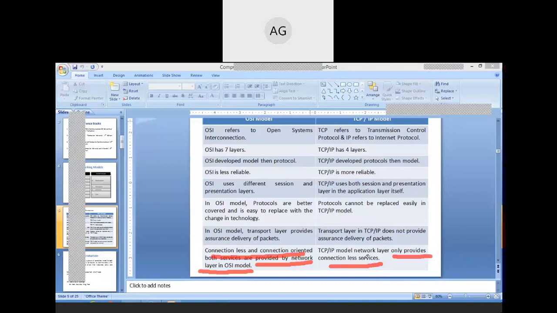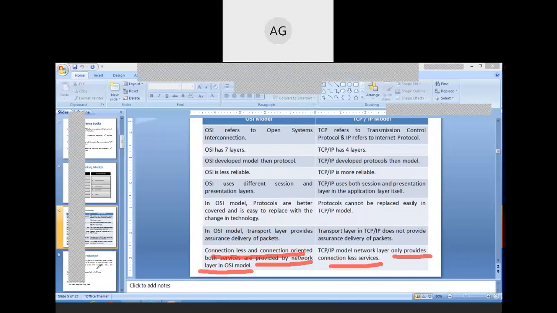So connectionless services are very important, but in the case of the OSI model, it deals with connection-oriented services as well. So these are the important differences between the TCP/IP and the OSI model, which you need to remember, because a 2 mark question can be asked from this topic.